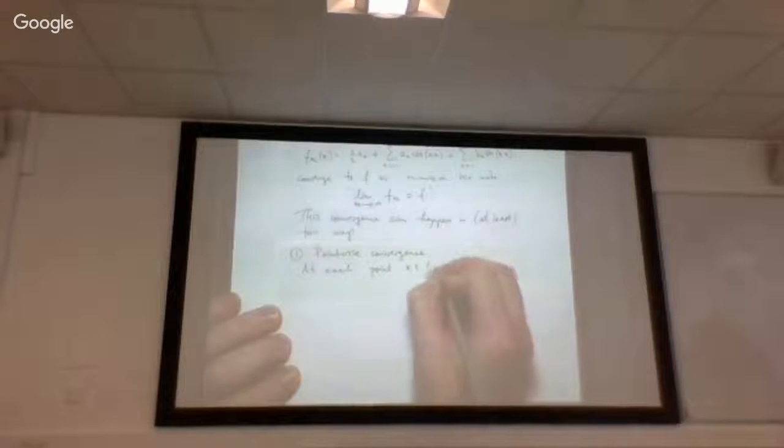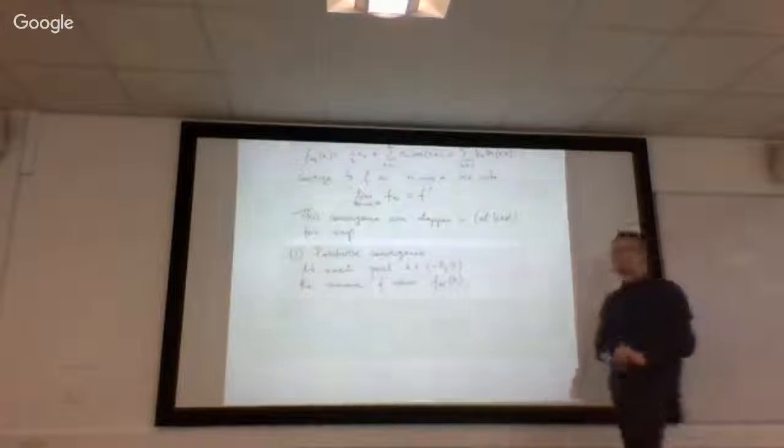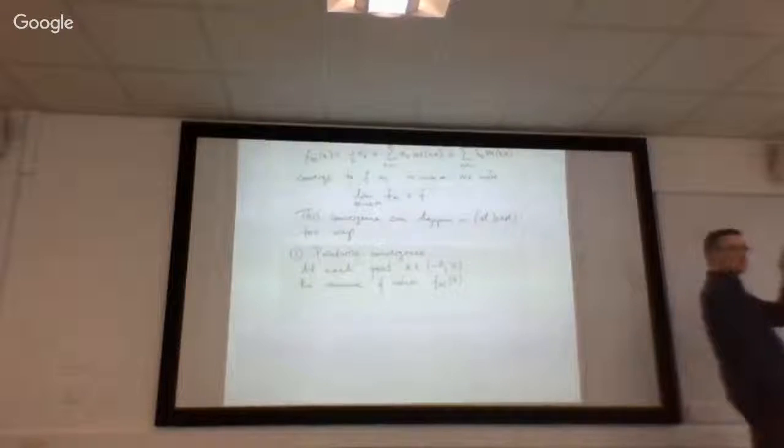But what is pointwise? Well, pointwise convergence says that at each point x in the relevant domain, the sequence of values f_m of x, so if we fix the point x, we're just talking about one particular point x in this domain, at each point, the sequence of values converges to f of x.